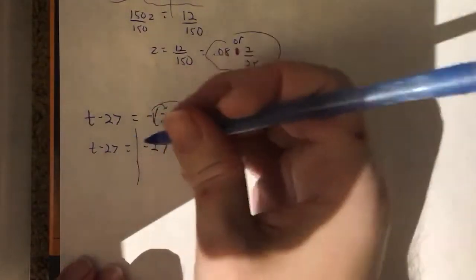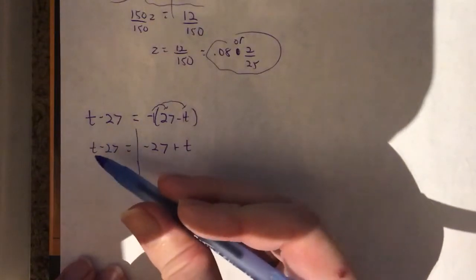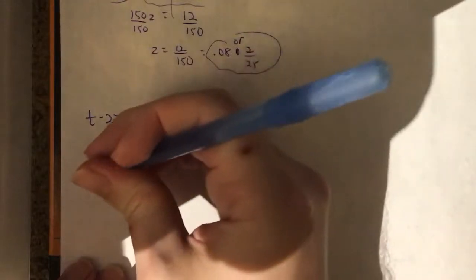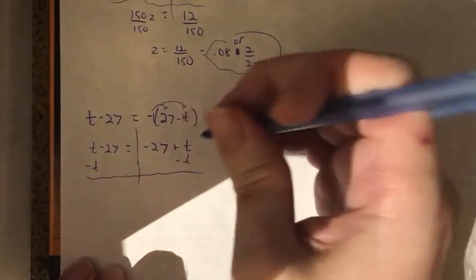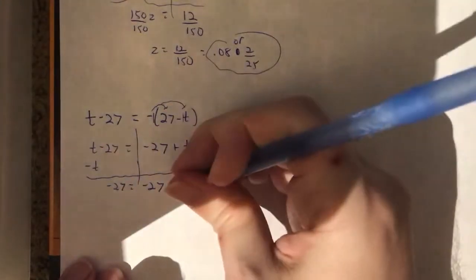And now to finish solving, I'm going to get rid of one of the t's. Since they're both 1, it doesn't really matter. I'm just going to take away t. You'll see that this is an identity. Both sides match exactly. So now I have negative 27 equals negative 27. This is always true.